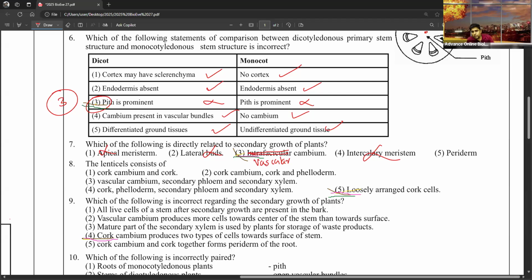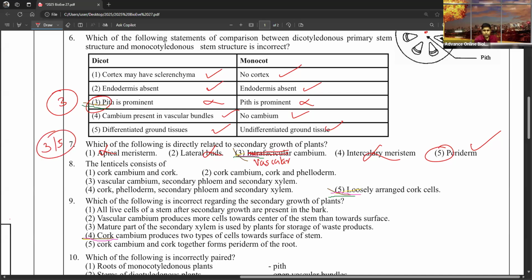Periderm is cork and cork cambium, so periderm is correct. So the fifth one is the answer for that. Once I correct this statement as vascular cambium, third and fifth, both you can take as answers. Third and fifth, after correction.